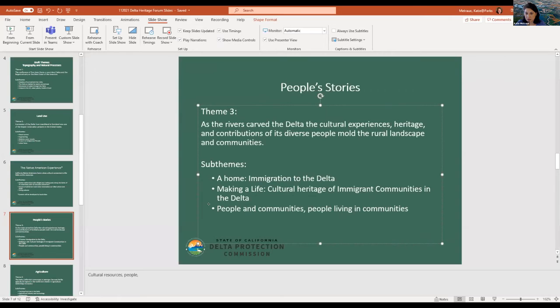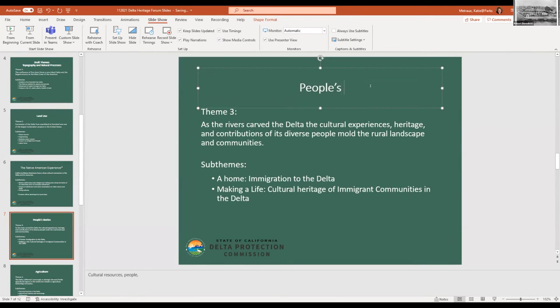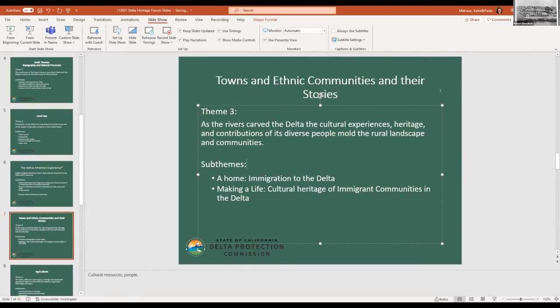Oh, okay. I think with everything else, when I look at it, I understand what it is, but people's stories is kind of generic, and it's a little bit too general. So I think what I would have said there is something like, not people, but towns and ethnic communities, because that's really what you're talking about. And the stories that you will get will talk about the way people interact and their stories. Sure, if you want to have stories in there, their narratives or stories.